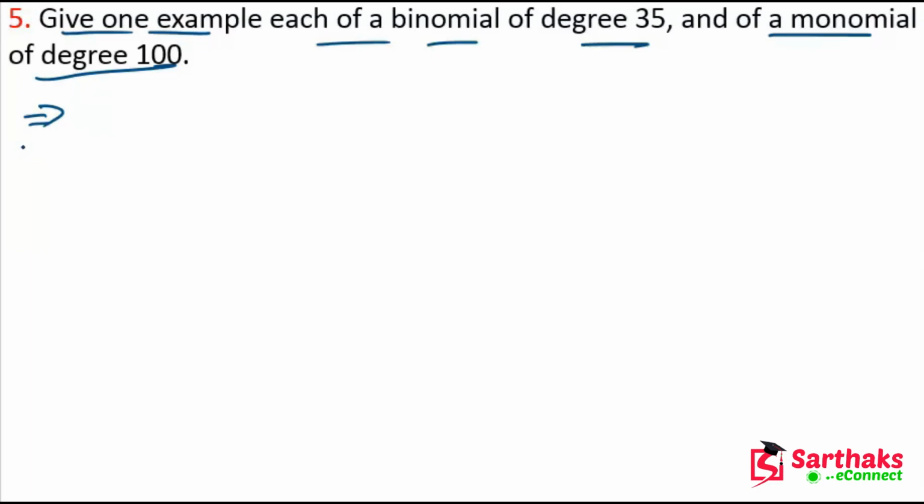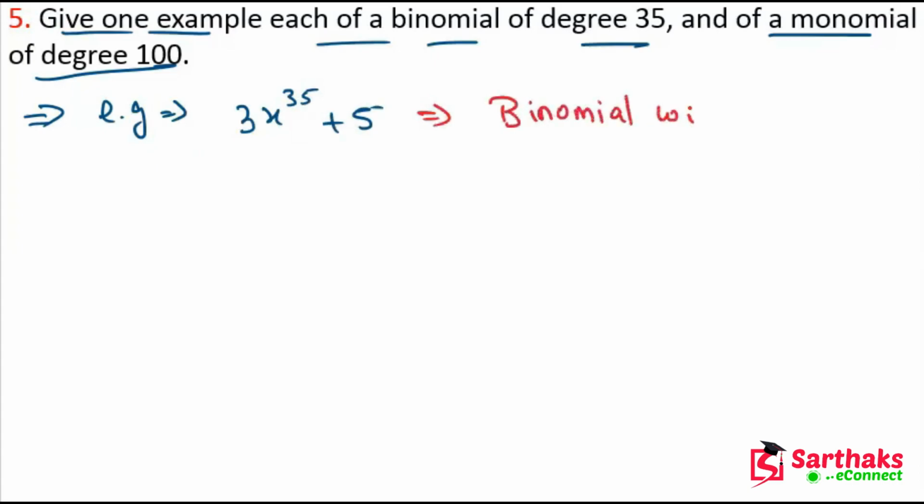So let's suppose example is 3 into x raised to power 35 plus 5. So this is binomial with degree 35.